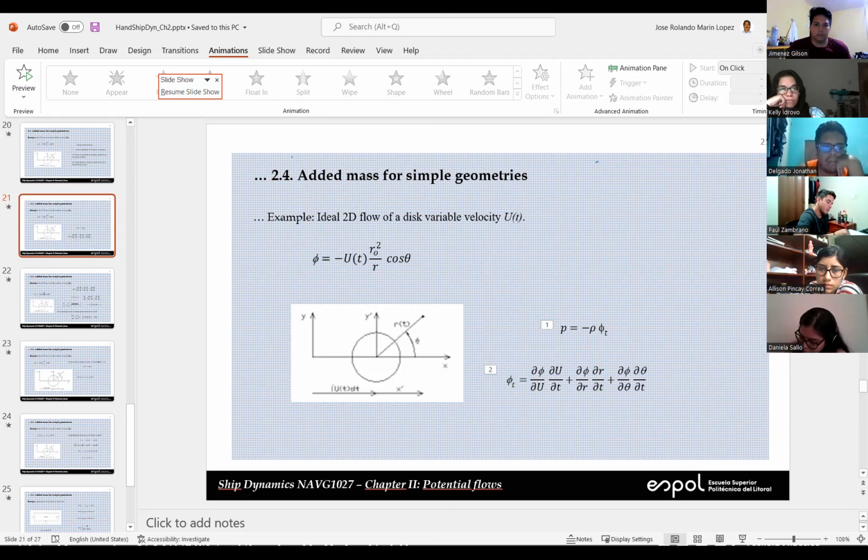Now, the disk moves. That means that if I analyze the velocity here away from the body, basically it's going to be zero. Down here, away from the body.